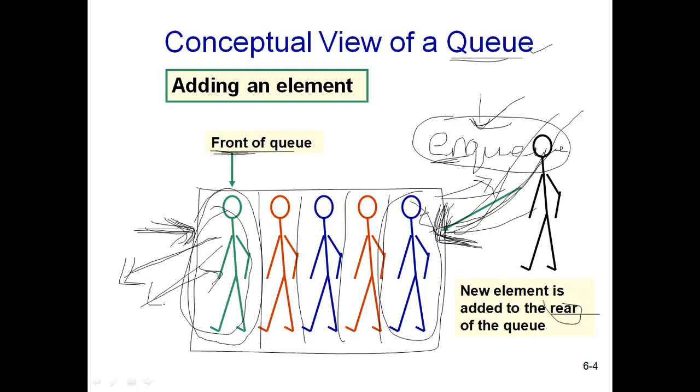Removing elements from the queue we say as DQ. These are the terminologies we always need to use. So DQ operation: don't say delete operation, say DQ, deleting an element from the queue.